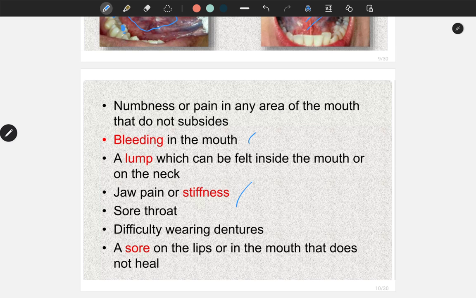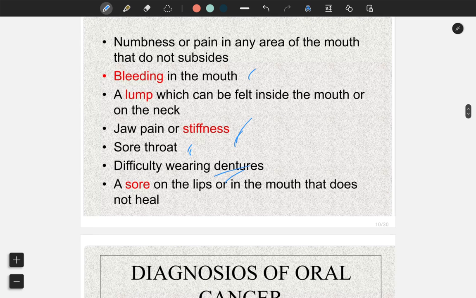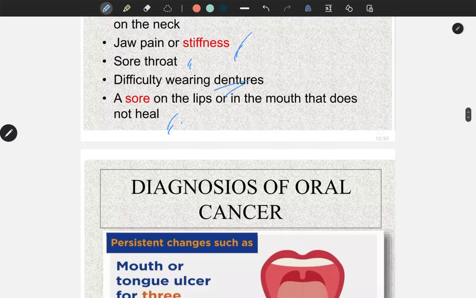Jaw pain or stiffness, sore throat, difficulty wearing dentures. If a patient is without any teeth and has difficulty in wearing the denture, it should be checked properly so that there are no delayed symptoms for the patient. A sore on the lips or in the mouth that does not heal in more than 3 weeks.